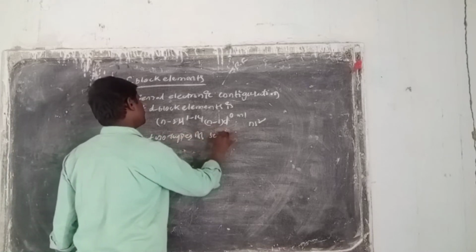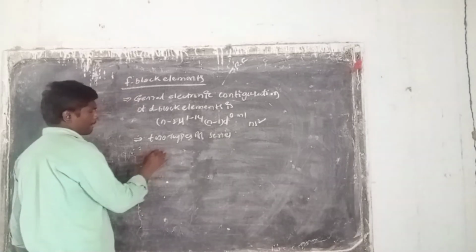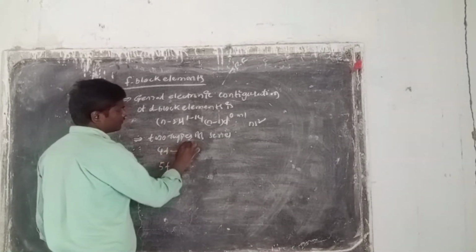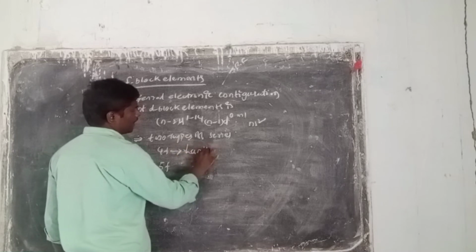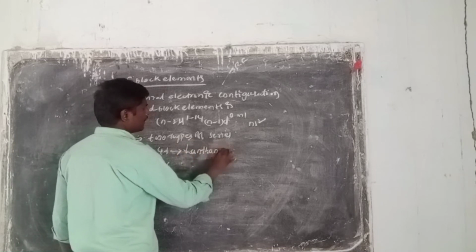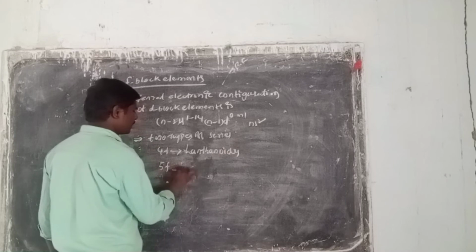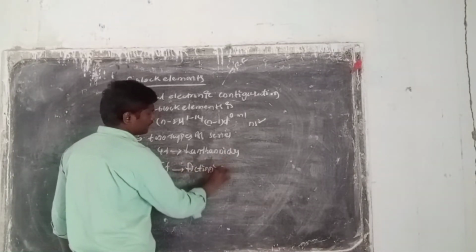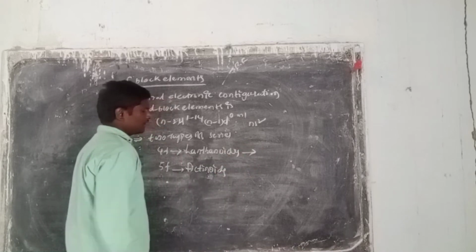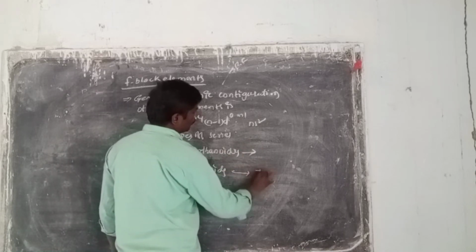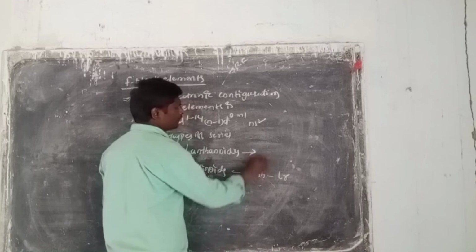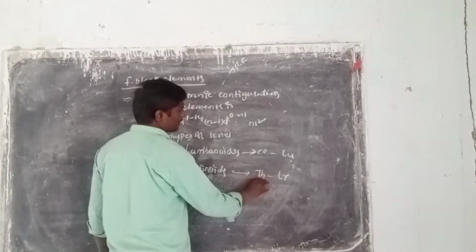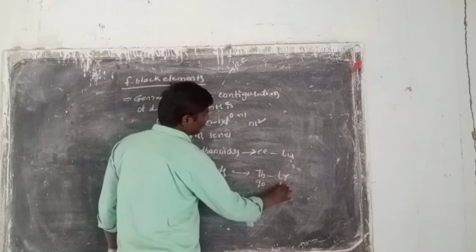The first one is the 4F series and the second one is the 5F series. The 4F series is called lanthanoids and the 5F series is called actinoids. Actinoids start from thorium to lawrencium, atomic numbers 90 to 103.